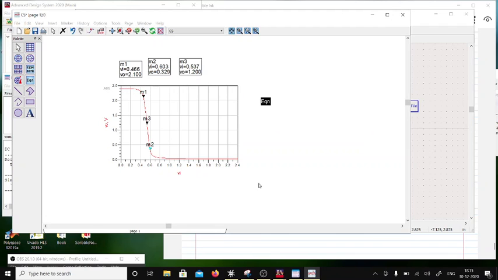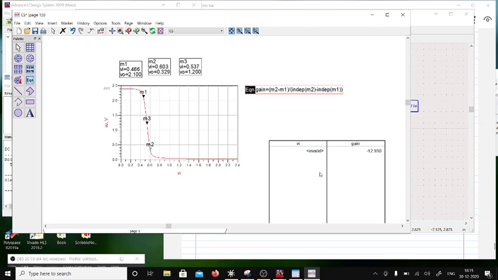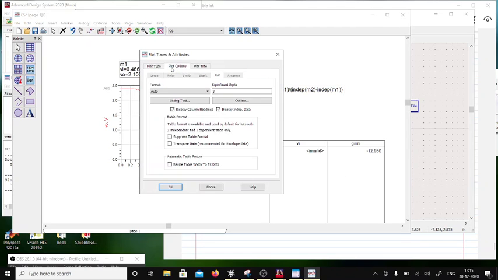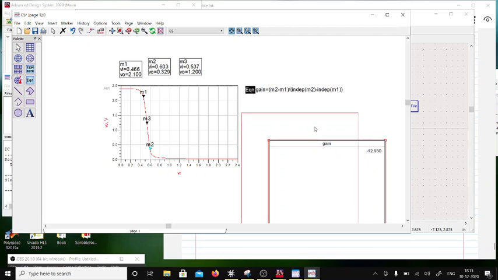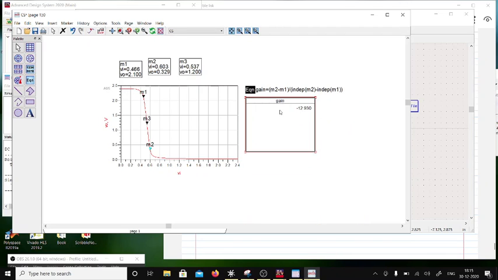So this is the gain, and it would be a negative number. Let's see that number. If you go to equations, you will see the gain. The gain is minus 12, or minus 13. This minus 13 is the gain as a pure number.